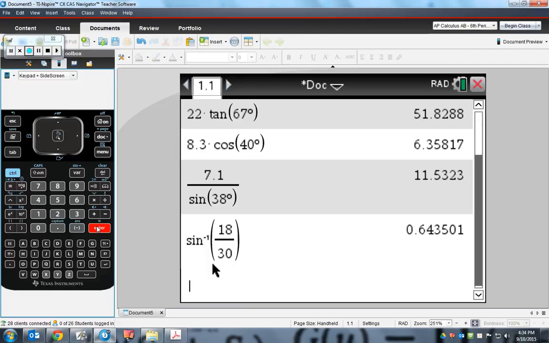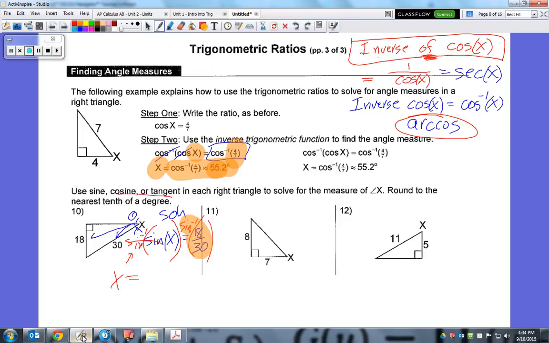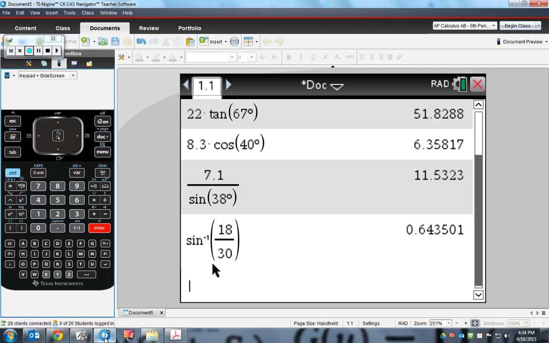The reason is it wants you to give it to the nearest tenth of a degree. So here, we're not putting a degree as an input. We're getting a radian angle. So you can change it to degrees one of two ways. I can multiply this by 180 over pi, because that'll get me into that answer.